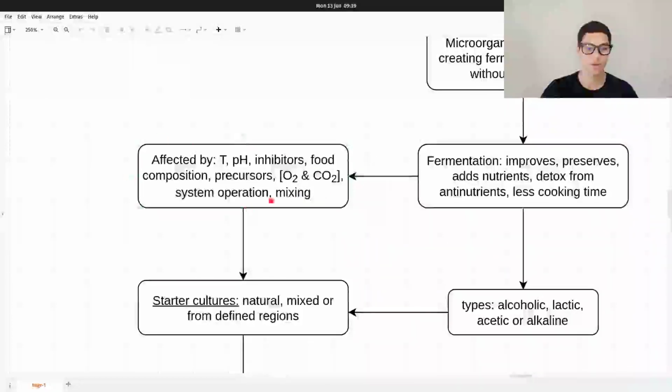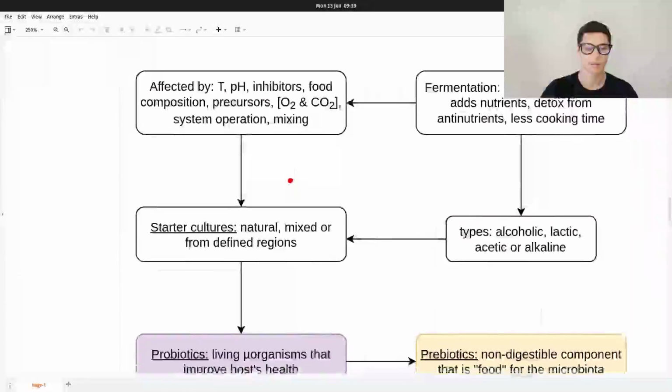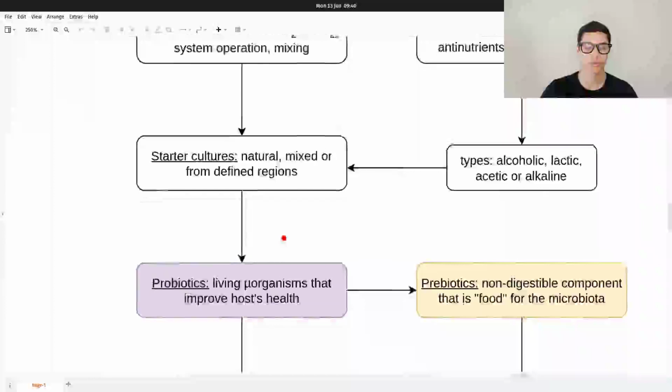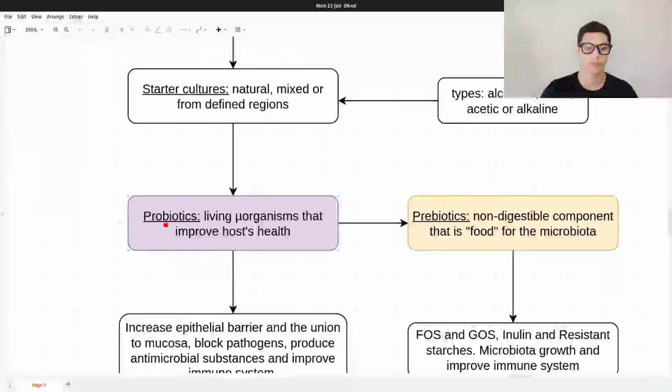So, because all of these parameters affect the fermentation, the industry uses starter cultures. Starter cultures that can be natural, mixed, or from defined regions. Those starter cultures do contain probiotics.